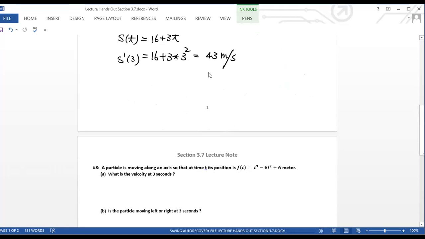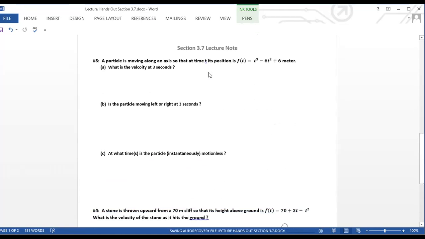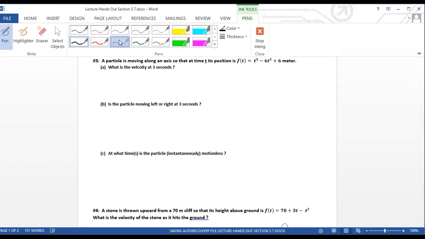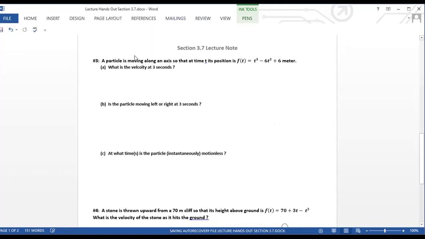Okay, now let's take a look at part number 3. A particle is moving along an axis, and at time t, this is a position function. What is the velocity at 3 seconds? We did this many times. The position function is t cubed minus 6t squared plus 6.